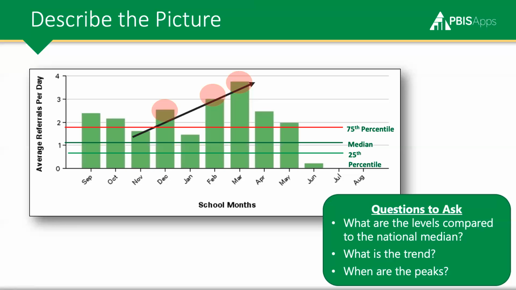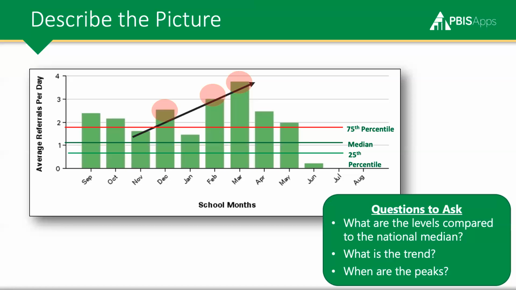When I train teams to start with this report, besides looking at your trends and your peaks, are we seeing upward or downward trends, is there any one month that really pops out more than others, I also say use the national data to help us determine how we are doing in comparison.